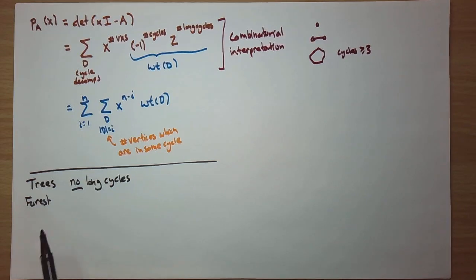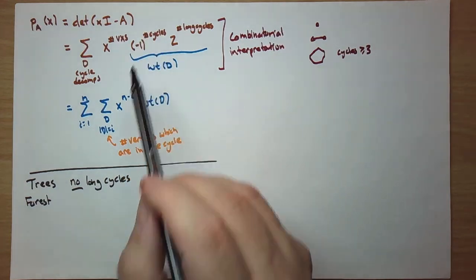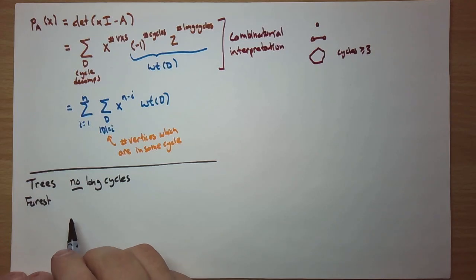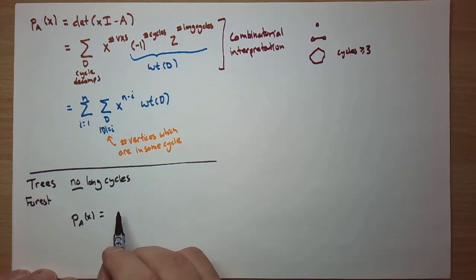So if we're a tree or a forest, in other words there's no long cycle, then the only thing that can happen is we can have these matchings. And so our characteristic polynomial looks like the following. This is always dangerous for me to write down, but we'll try this.